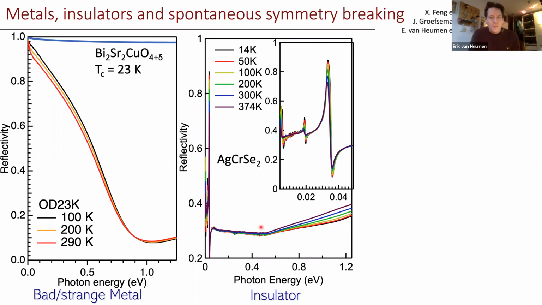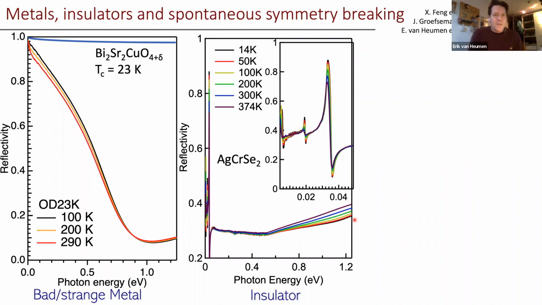Whereas if you look at this material on the right, it reflects a lot more, and moreover, it has some structure in the visible range of the spectrum. It actually looks like a silver mirror. So even though this material is an insulator, to your own eyes it would appear more metallic. So reading these reflectivity spectra is actually not so obvious.